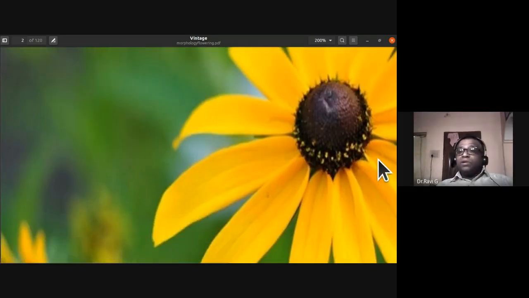Even though for a layman, a person who doesn't have knowledge of botany, this looks like a single flower, it's not a single flower, it's a bouquet of flowers. We call this sort of flower, which we also see in sunflower, a head inflorescence. That is the backdrop of the picture that we have for this first slide. You can just remember that.